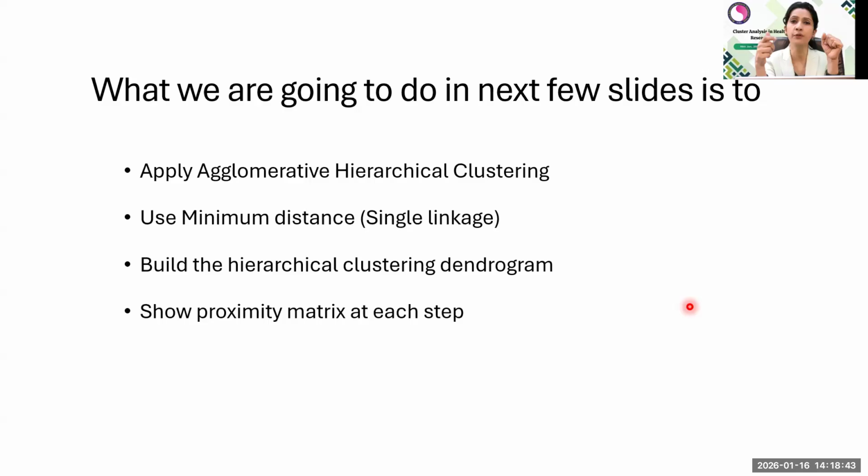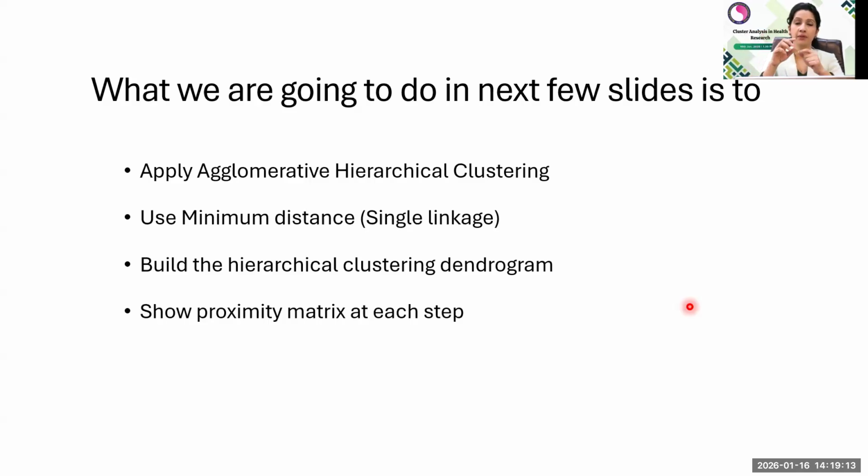We are introducing a few terms also, because when you have to write up how you have done the data analysis, you might need to write what type of hierarchical clustering you have used. In agglomerative there is single linkage, and then there are others like average linkage and maximum linkage. But those details you don't need to know. You can use this minimum distance, the single linkage, which is most commonly done.